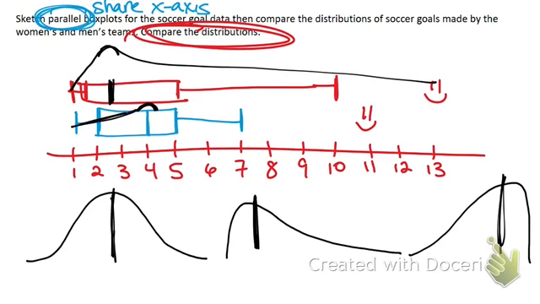I go to the low, I go to the high, and what shape do you think that distribution is? Also approximately right skewed. So when I'm comparing these two distributions, I can see that both of them are approximately right skewed. Any questions about that?